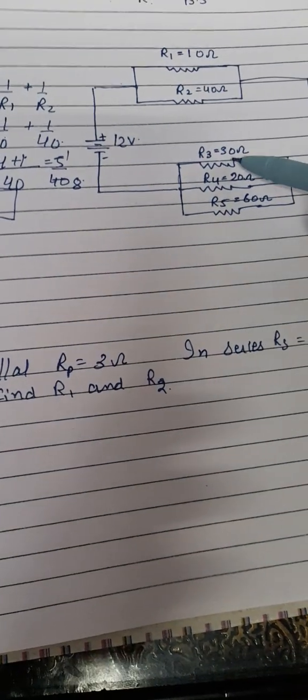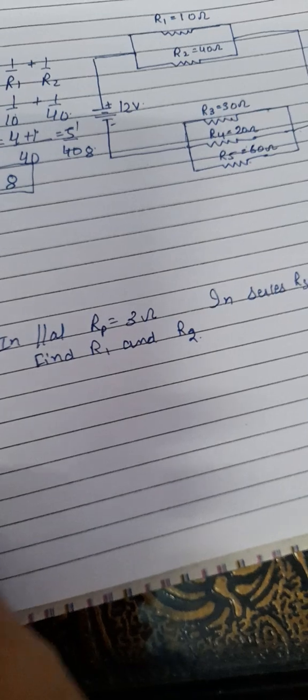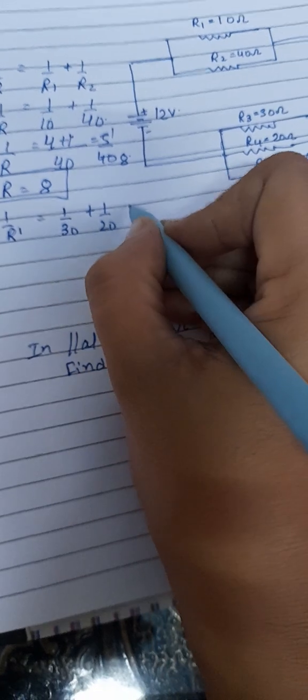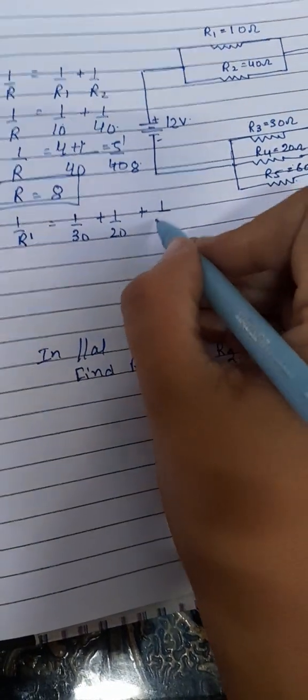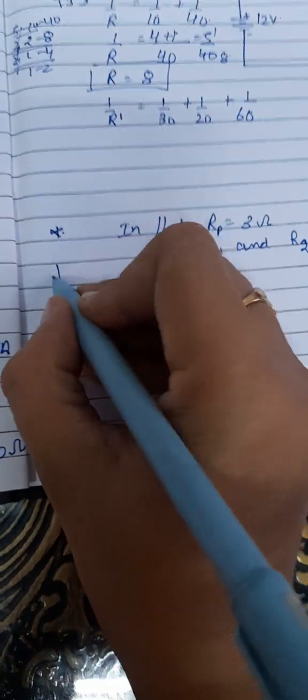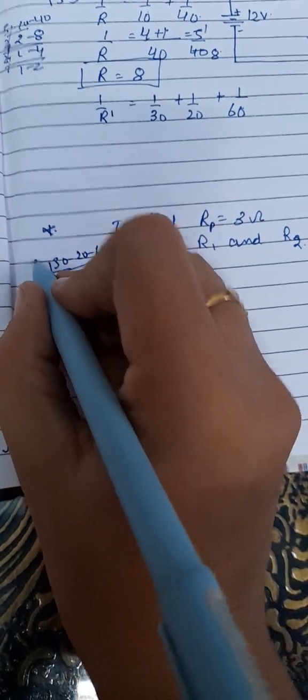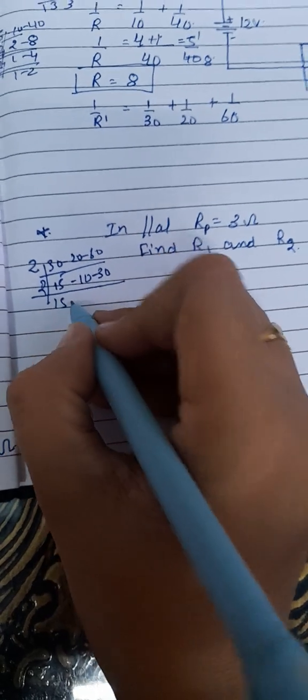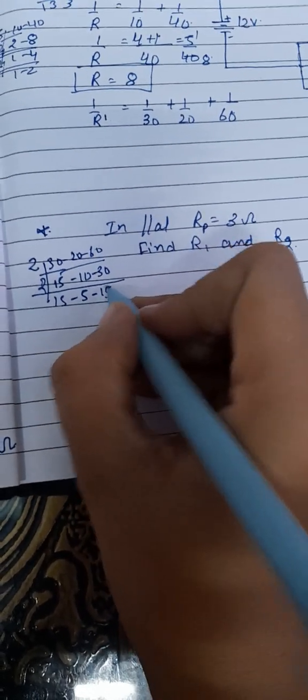Next, again these three resistors are in parallel. Find out their parallel combination. 1 by R dash equals 1 by R3, that is 30, 1 by R4, that is 20, and 1 by R5, that is 60. First, you have to take the LCM of these three terms, 30, 20 and 60. First is 2, giving 15, 10, 30. Again 2, that is 5, 15.